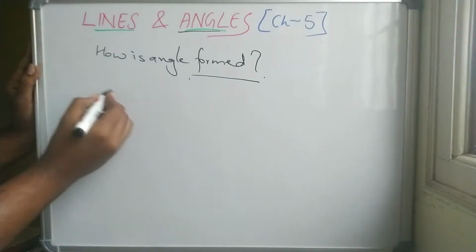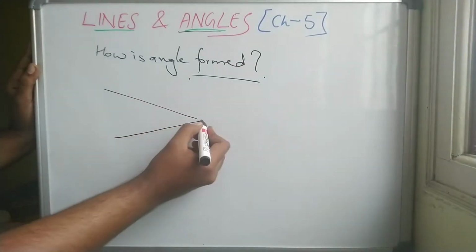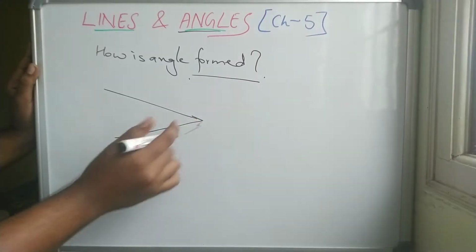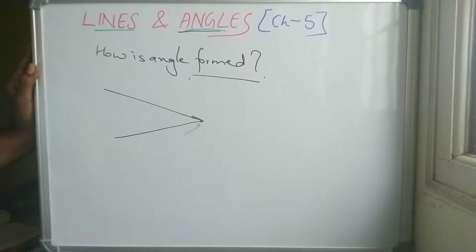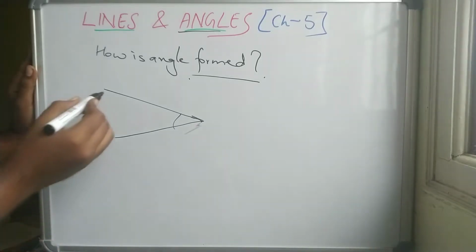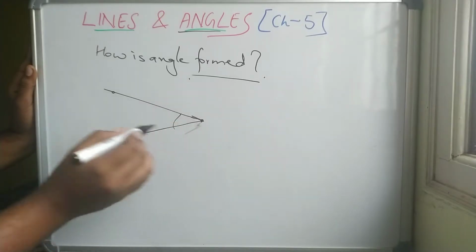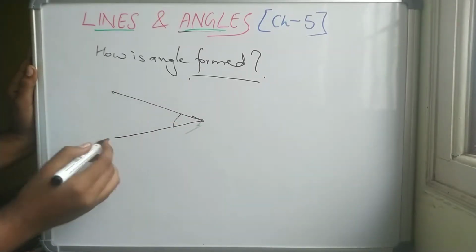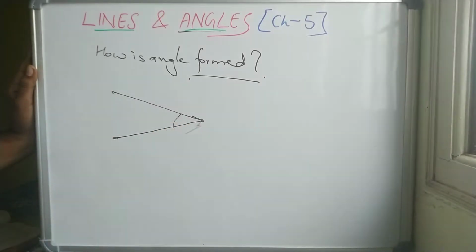So basically, when two line segments meet, suppose these are the two line segments, if they meet at a point, they form an angle. Fine. If two line segments meet at a point, if we take some point, this is some end, this is some point, then they form an angle.